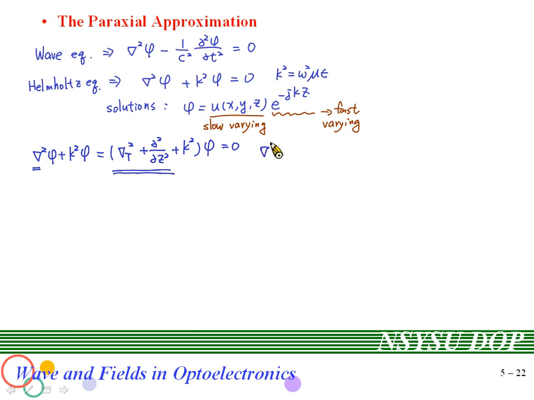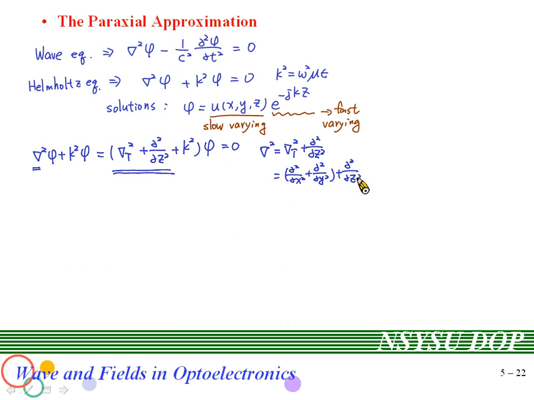So the Laplacian can be re-expressed as this one. And of course, the transverse Laplacian is partial square over partial x square plus partial square over partial y square.